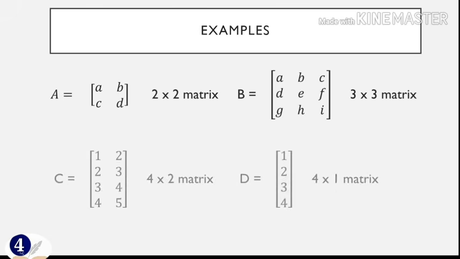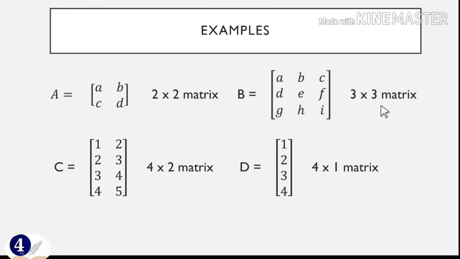Okay, to add some more examples, here in C we have 1, 2, 3, 4 rows and 1, 2 columns, so this expression is a 4 by 2 matrix. Looking at D, here we have 1, 2, 3, 4 rows and 1 column, a 4 by 1 matrix.